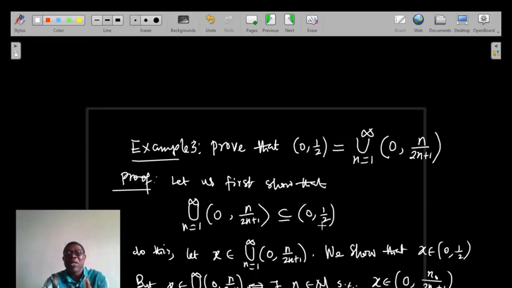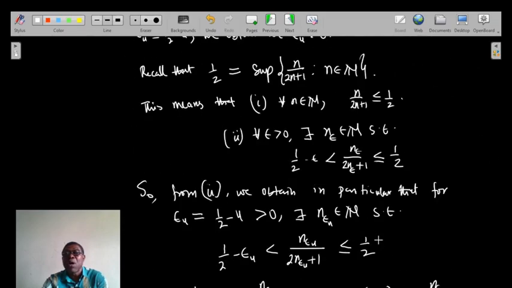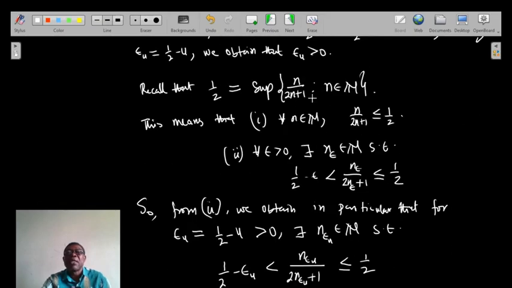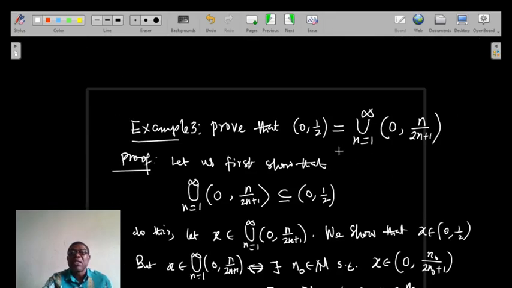But you see that our knowledge of half being the supremum of the set n over 2n plus 1, so that n is in the set of natural numbers, has helped us in proving that these two are the same.